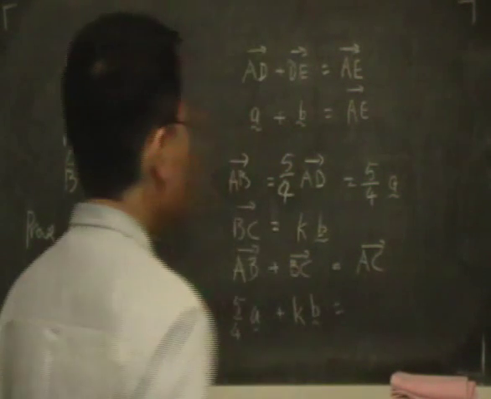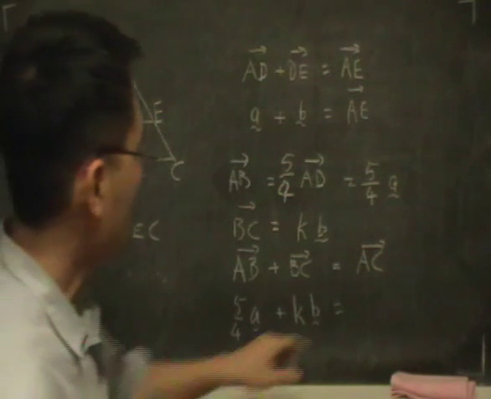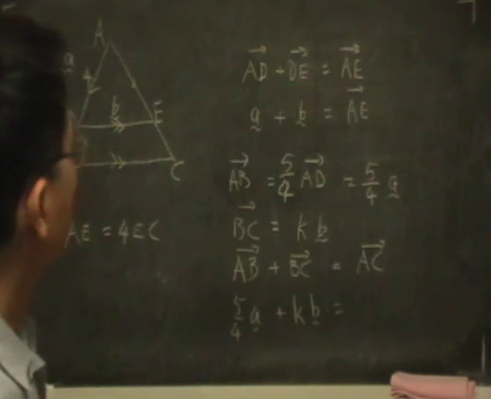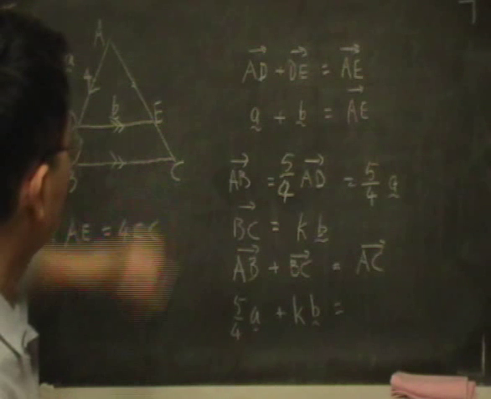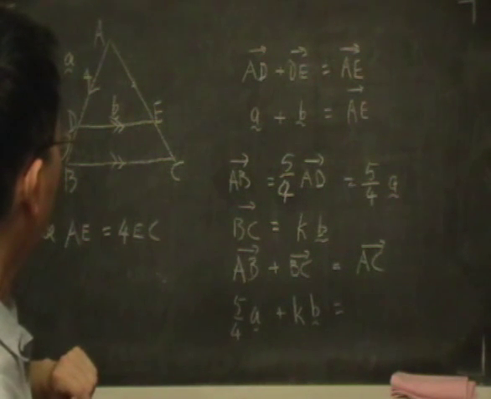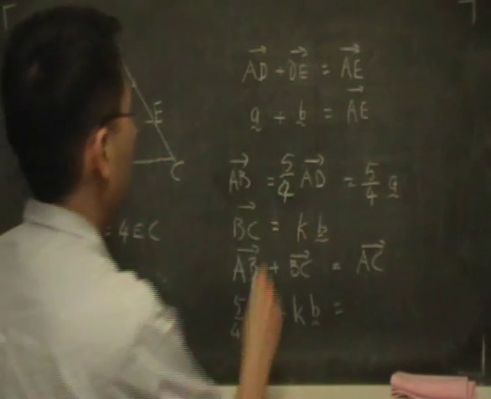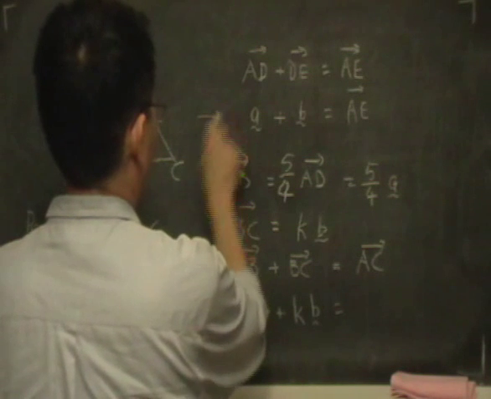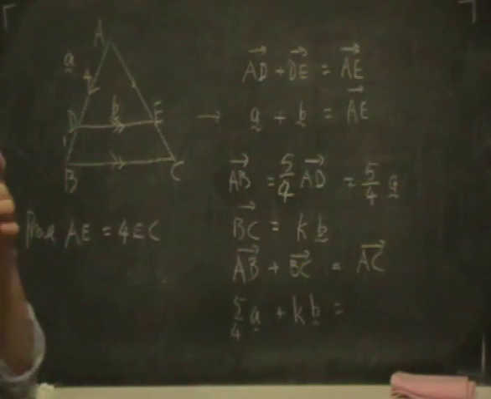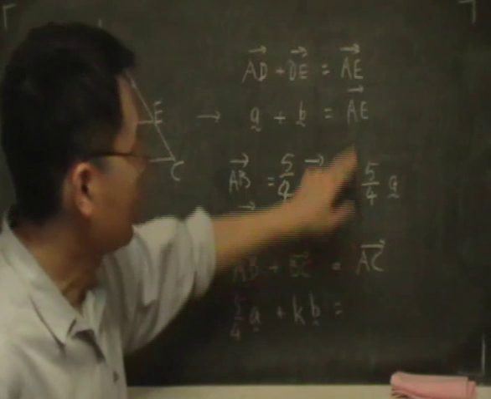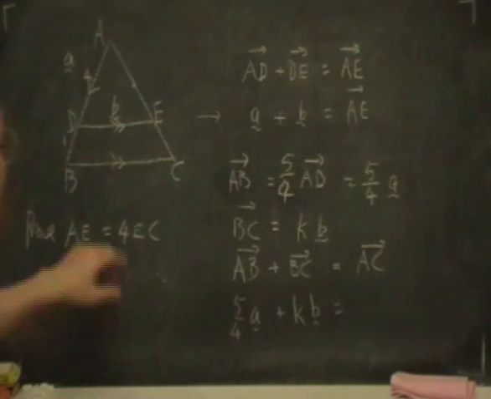Now, so finally, AC would be equal to, now we want to somehow relate this to the previous equation there. In other words, we want to relate AC to AE.